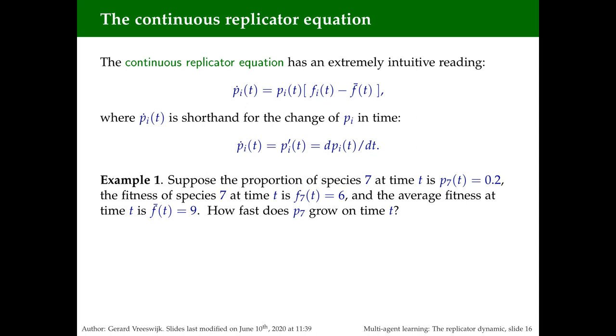Well, just apply the continuous replicator equation. Fill out all the numbers, and you will see that because its fitness is smaller than the average fitness, species 7 will shrink with this amount.